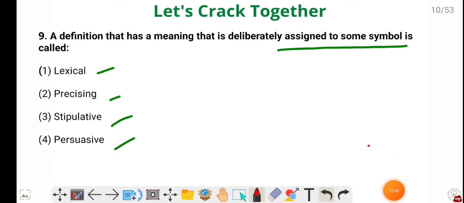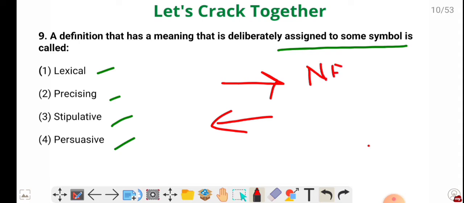If this is a forward symbol, what is the meaning of this? This is the right direction, this is the left direction. What is the meaning of these symbols? For example, NET. What is NET? National Eligibility Test, which we have to qualify in the first attempt. Means meaning is assigned to this symbol. This definition is nothing but the stipulative definition.